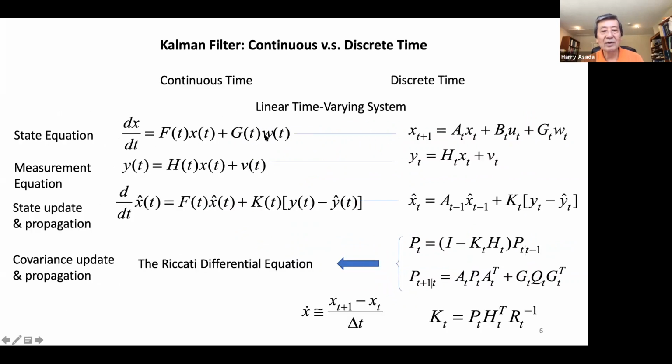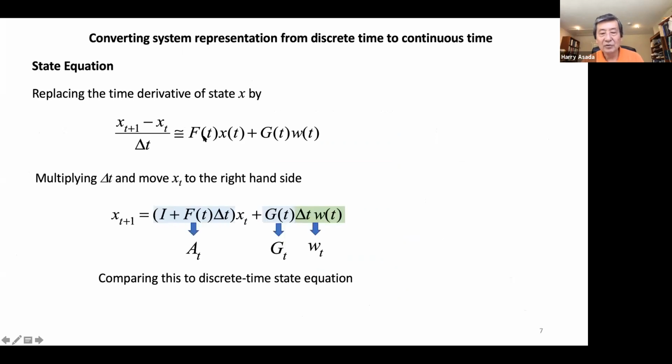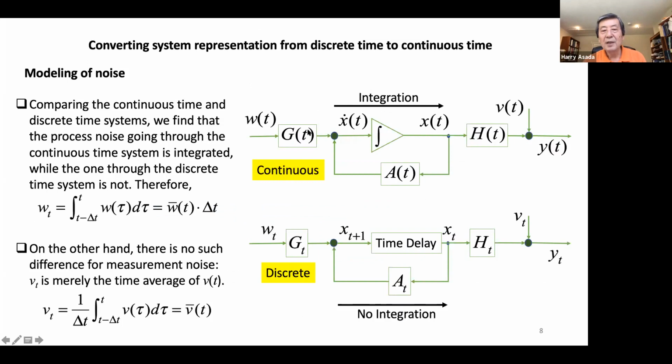This state equation says w(t) is brought in, and then that goes through integration to move to the next x(t). So w(t) is fed in, and it goes through the integral part, and then arrives at some x(t).